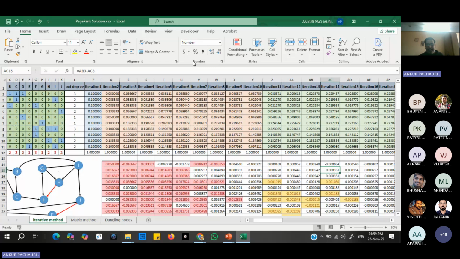You can see if the difference is 0.006 in this case, what is the value? The earlier page rank was 0.030739, and now the page rank is 0.030571. So what is the difference?